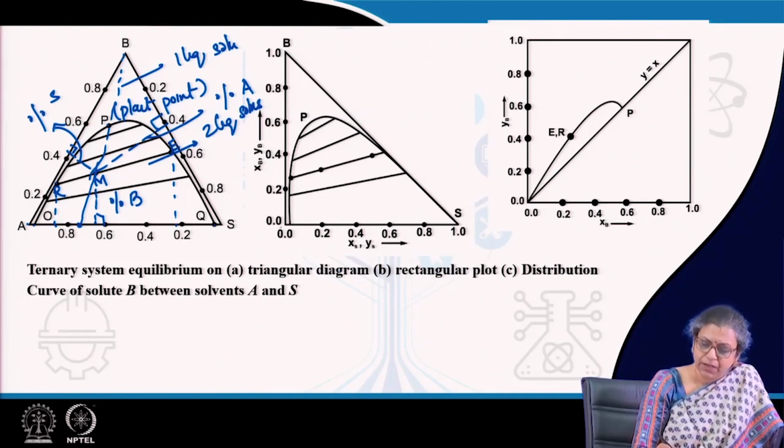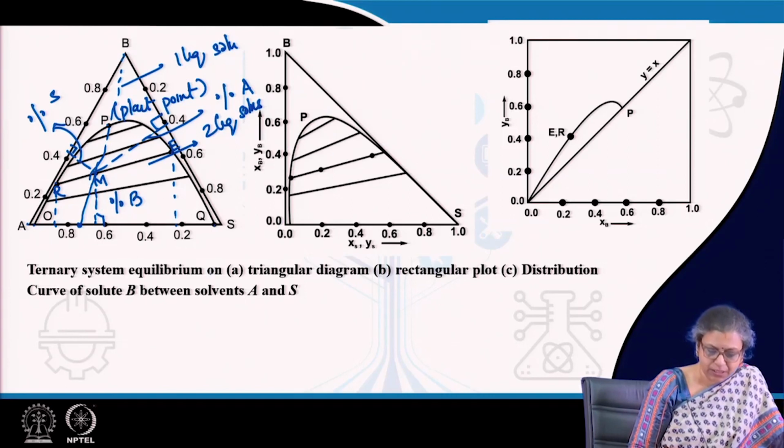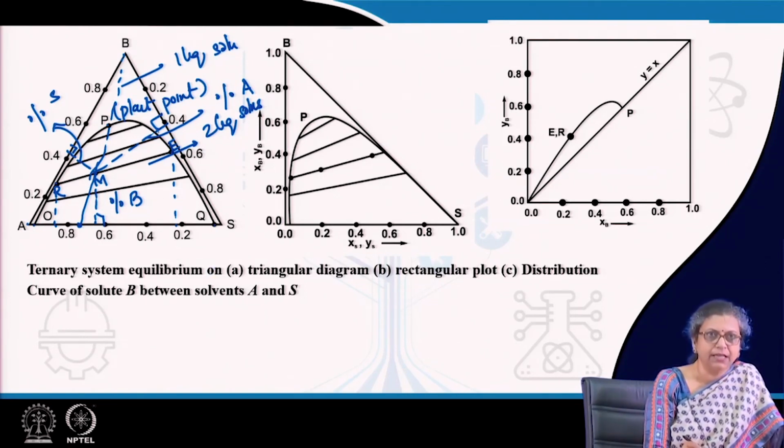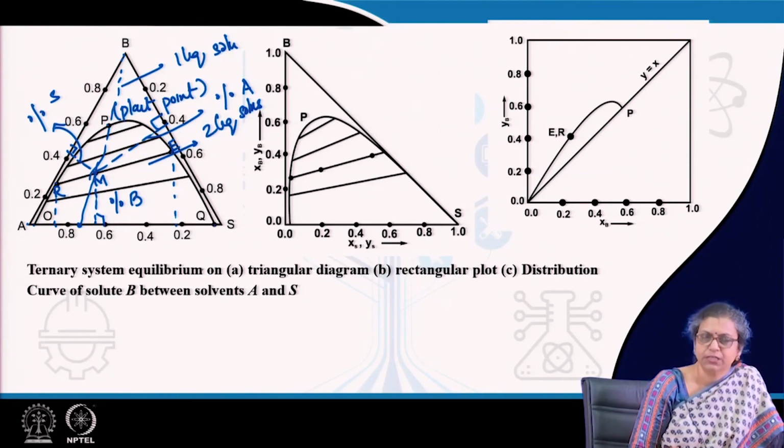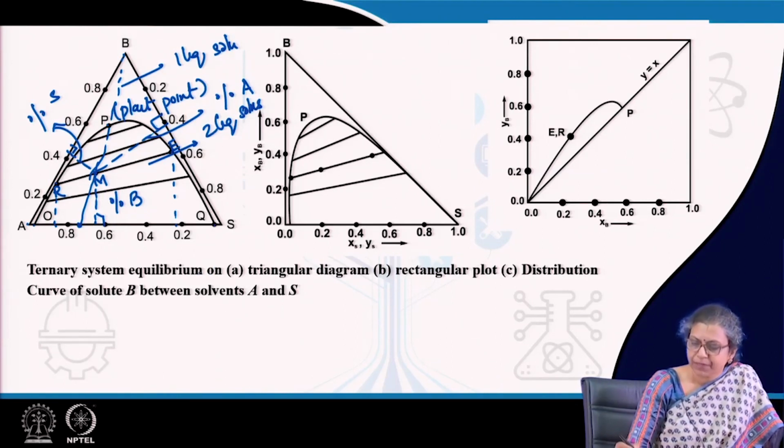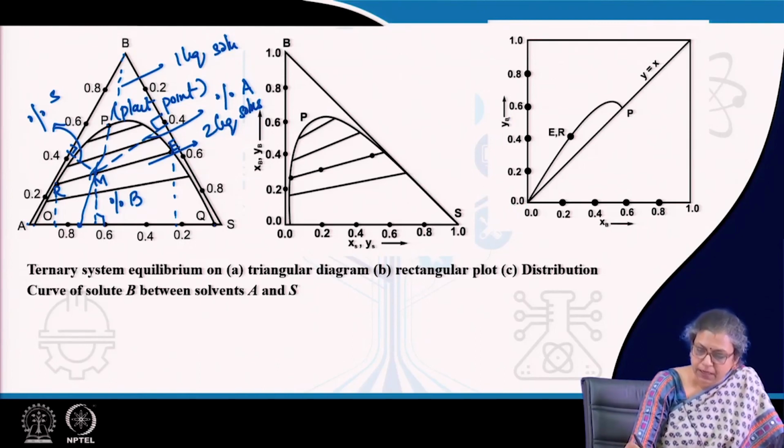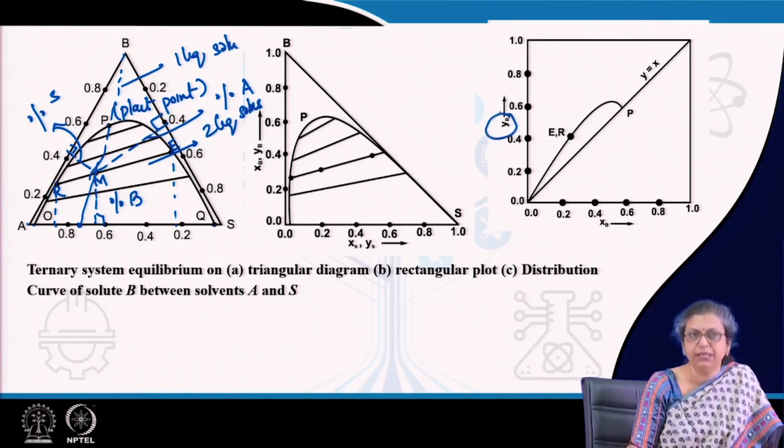In this case also it's the same thing. We can show the two phase zone and the single phase zone, and the tie lines, everything can be shown, and corresponding to the two ends of the tie lines, just as we have drawn in Txy, Pxy and all plots, we can plot the proportion of B in the extract phase.